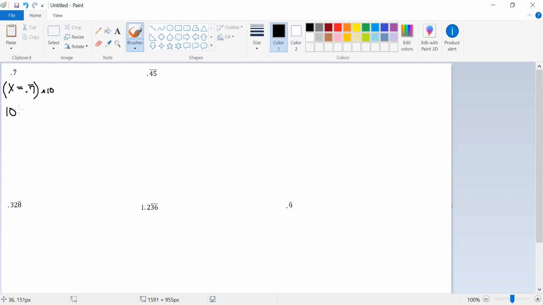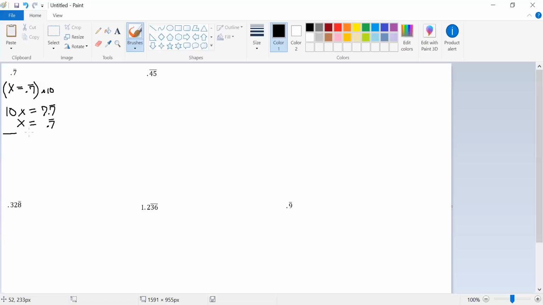So on the left, I'm going to get 10x. And on the right, I'm going to get 7.7 repeating. I'm going to take the one above it and subtract. Notice when you subtract decimals, you line up the decimal places.